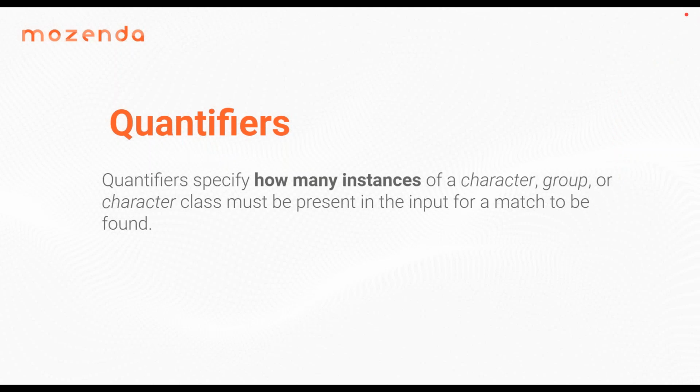So now, quantifiers. We have groups, we have characters. Now we have quantifiers. Quantifiers tell you how many, or a range of how many, to accept as it relates to the capture group.